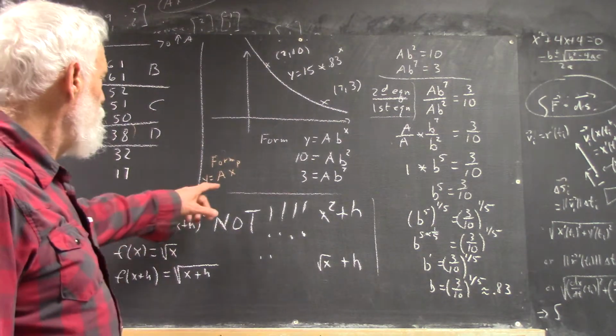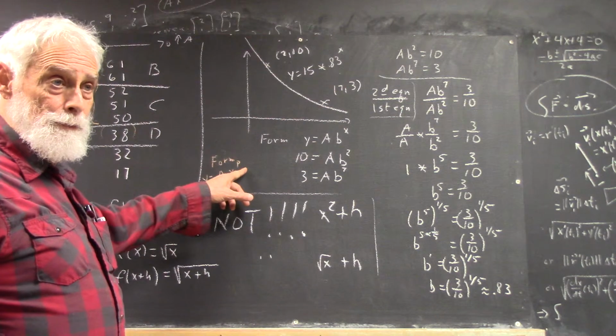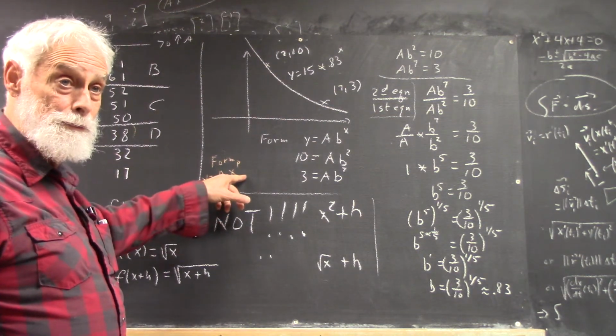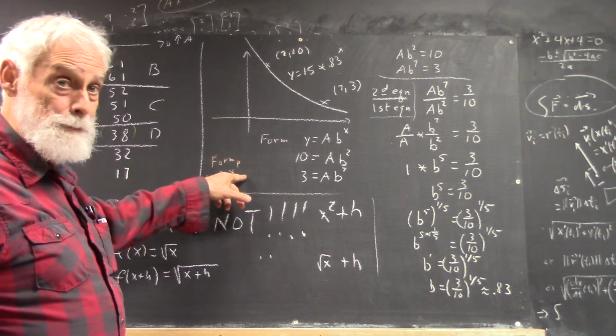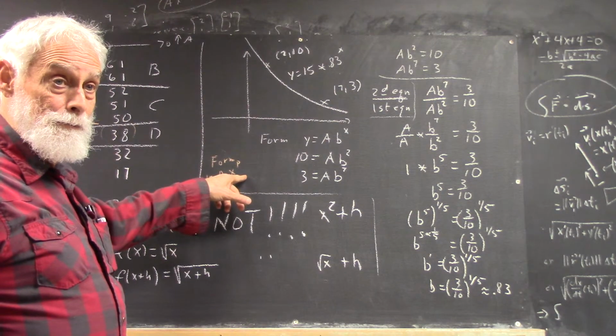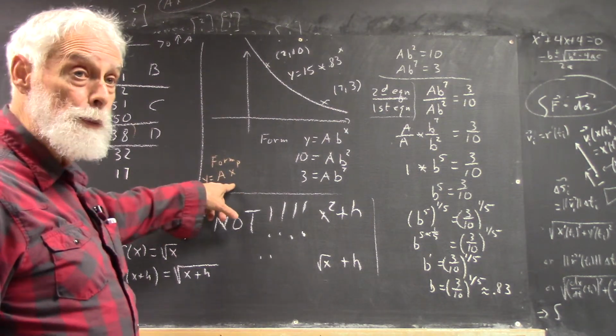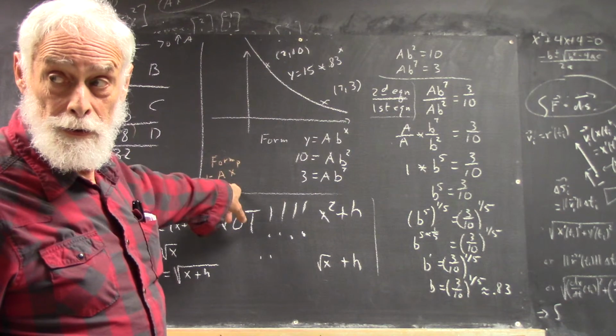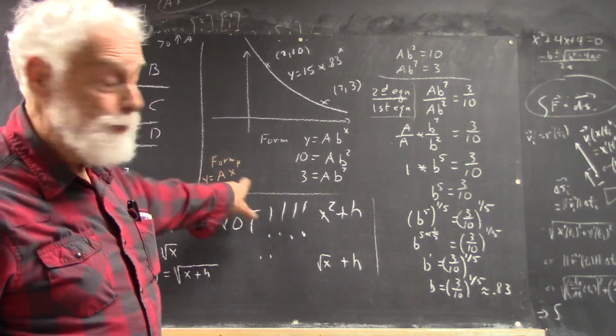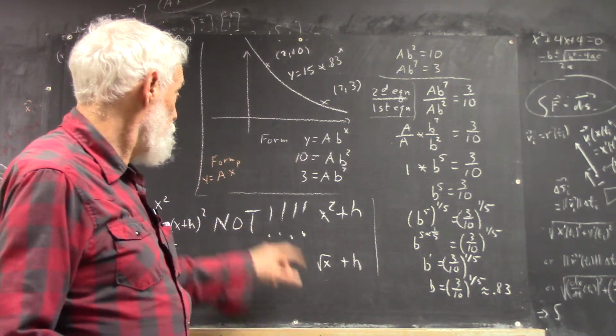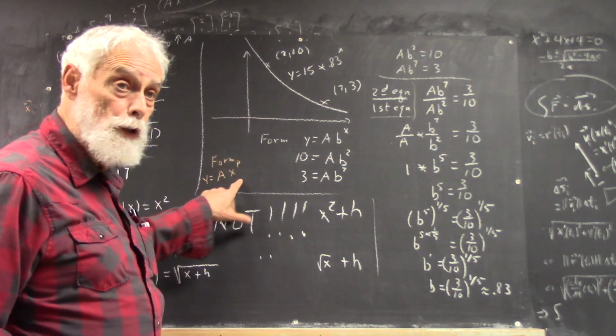And you don't know a and you don't know p. So you have two unknowns, right? So we can write down the simultaneous equations for this. So go ahead and do that. Write down the simultaneous equations if you use this form instead of this one.